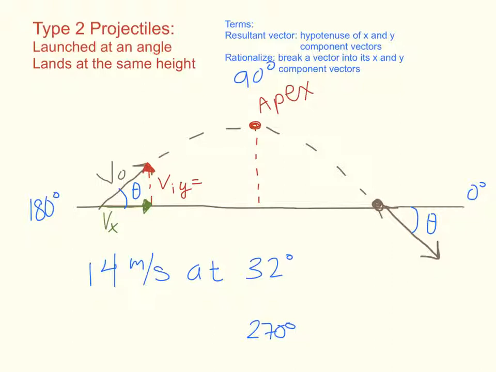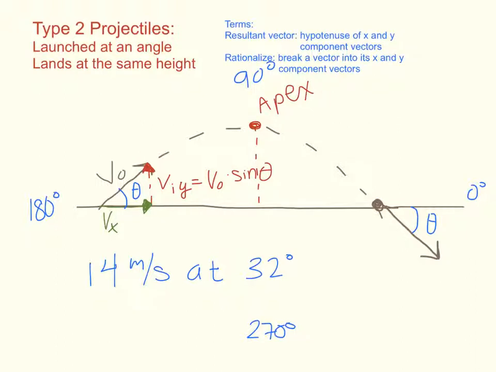So am I going to use sine, cosine, or tangent to solve for this one? Well, since this is opposite and I have the hypotenuse, I'm going to be using sine. So that means we're going to take v naught times the sine of theta to get viy.